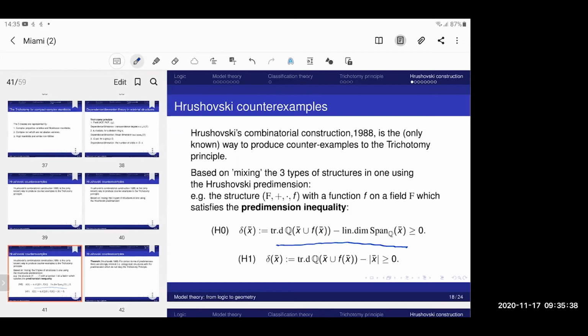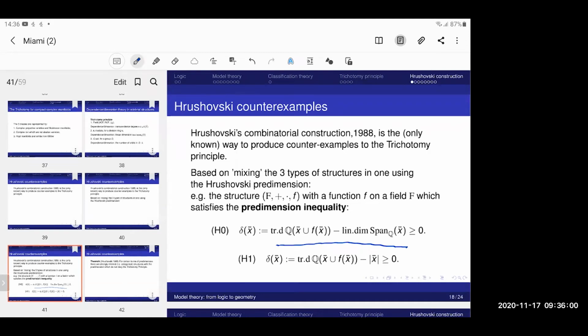So you consider the field which is generated by a tuple or a finite set of elements x bar. You take the image f of x bar. So you have some finite set of elements. You generate a subfield.